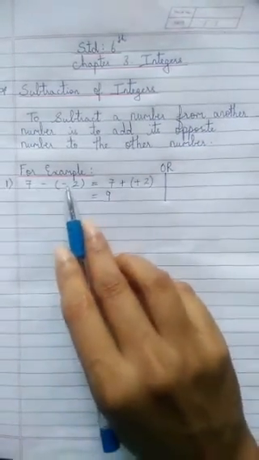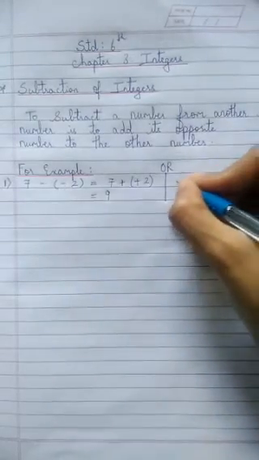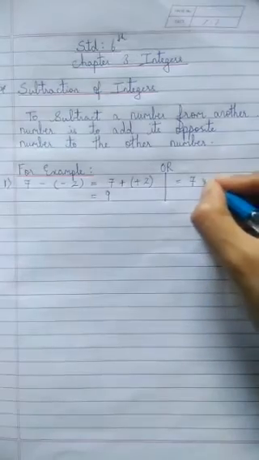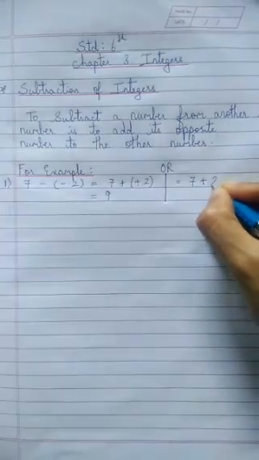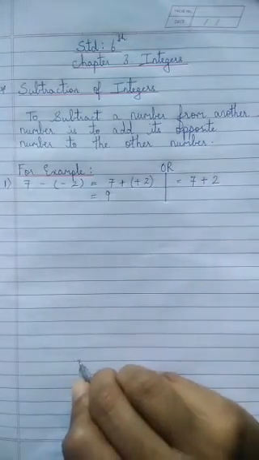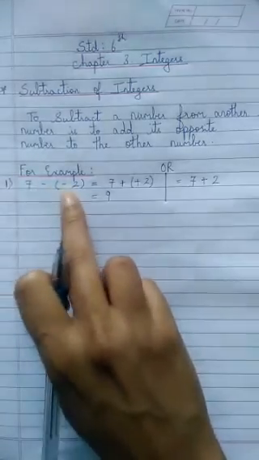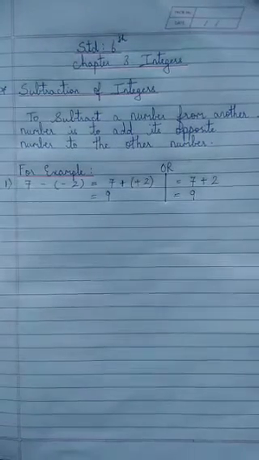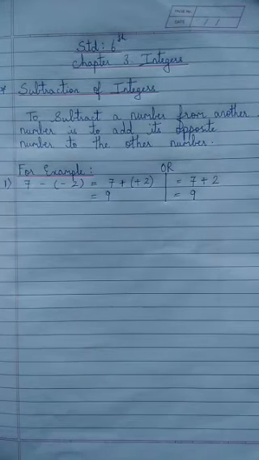So minus is plus, so we get it as equal to 7, minus into minus is plus, so this becomes 7 plus 2. Directly opening the brackets, minus into minus plus, and the answer is 9. Okay, so this is how we can solve subtraction of integers.